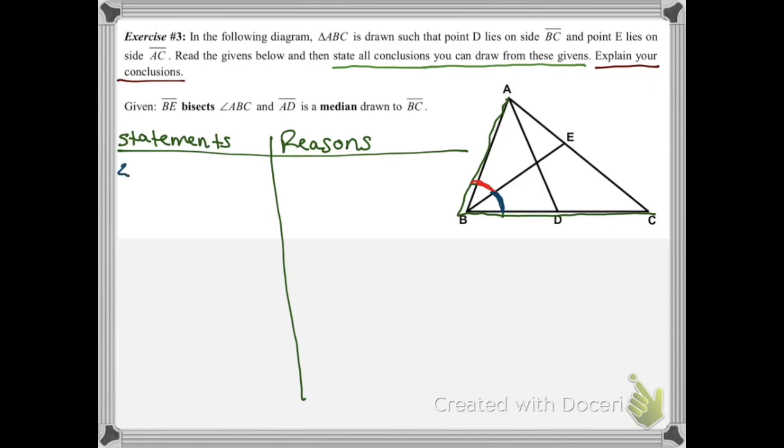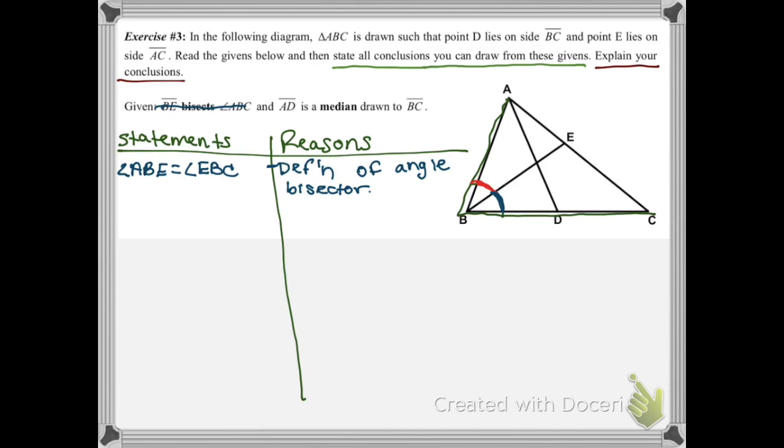Angle ABE is equal to angle EBC. And what's the reason for that? Well, that's just using the definition, right? And you can simplify using this shorthand notation, the definition of angle bisector, okay?